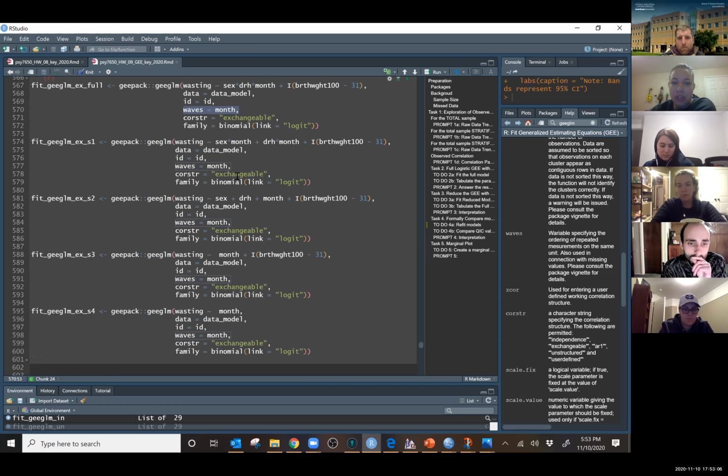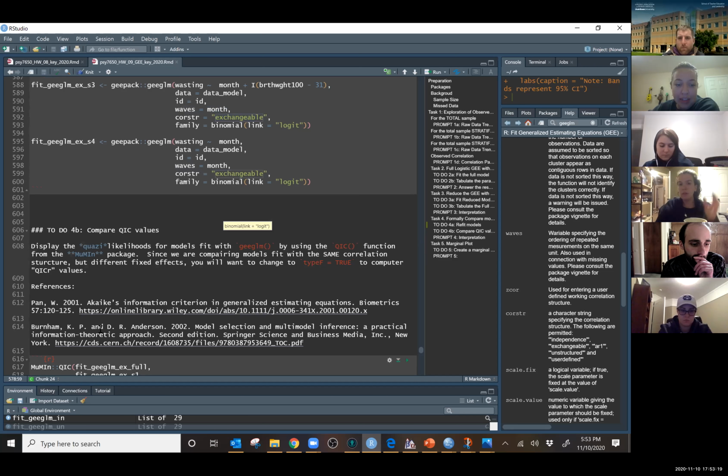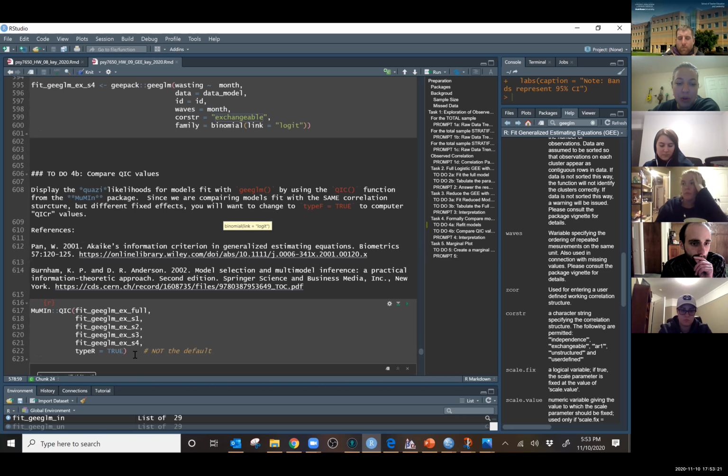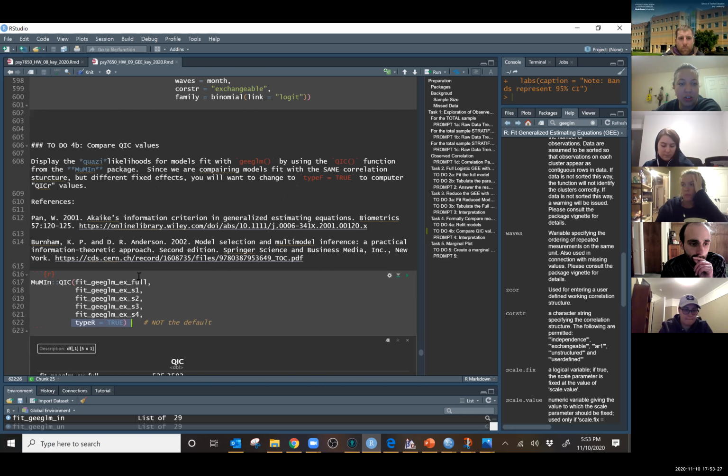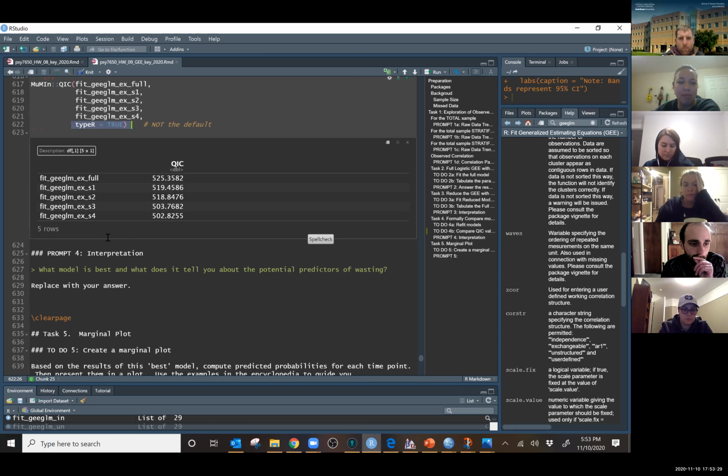All of these we're going to use exchangeable. In this situation for homework 9, we are using the same correlation structure, but different predictors or combinations of the predictors. So when we do the QIC, we want to have type R equals true to get the right type. I put some information on here to read more about it.